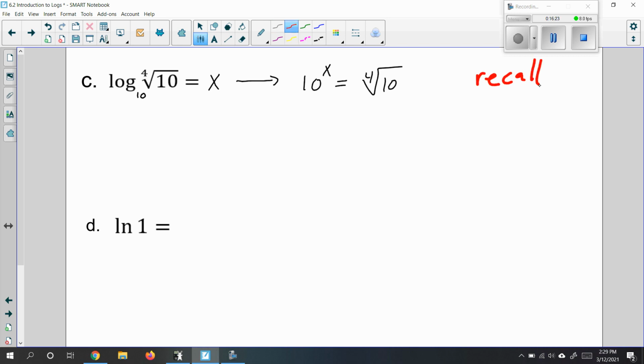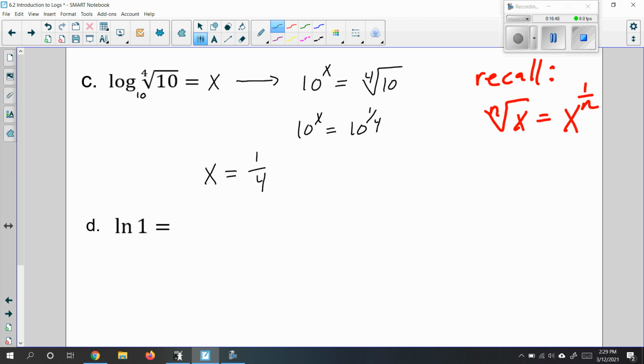Recall that the nth root of x is equal to x to the power 1 over n. That means that I can rewrite this fourth root as 10 to the power 1 over 4. So that means that x is 1 over 4. So log of the fourth root of 10 is equal to 1/4.